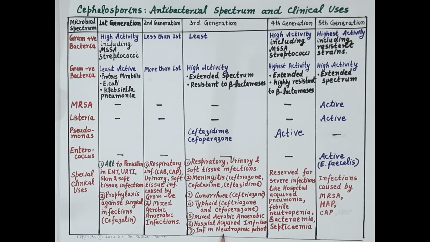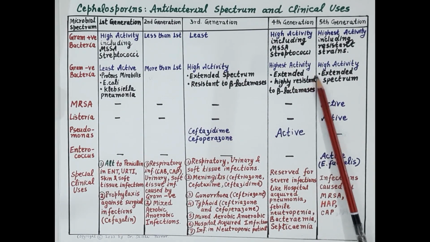Then ceftazidime or other third generation cephalosporin can be used in the prophylaxis as well as in the treatment of infections in neutropenic patients, either alone or in combination with other antibiotics. So this is in brief on the bacterial spectrum and clinical uses of third generation cephalosporins.